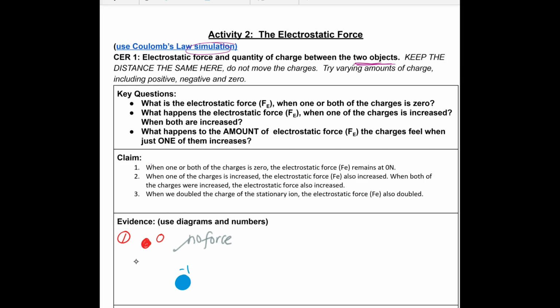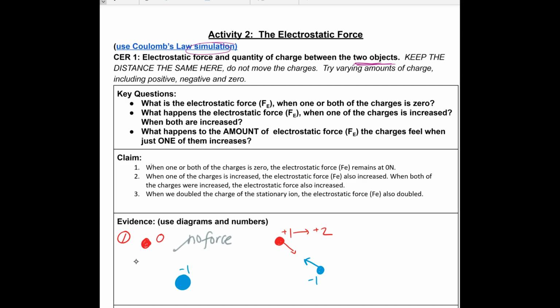And then when one of the charges increased, our stationary ion went from +1 to +2, and we will keep our mobile ion at -1.